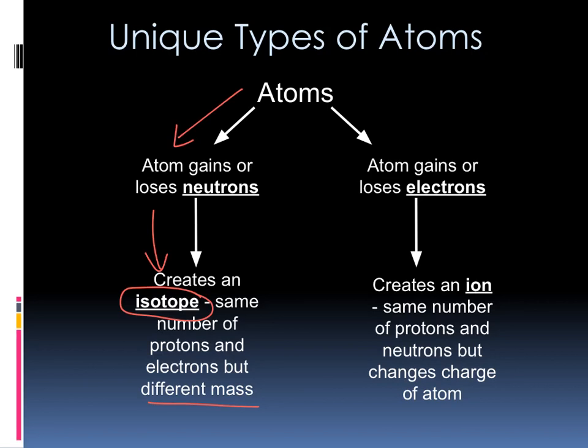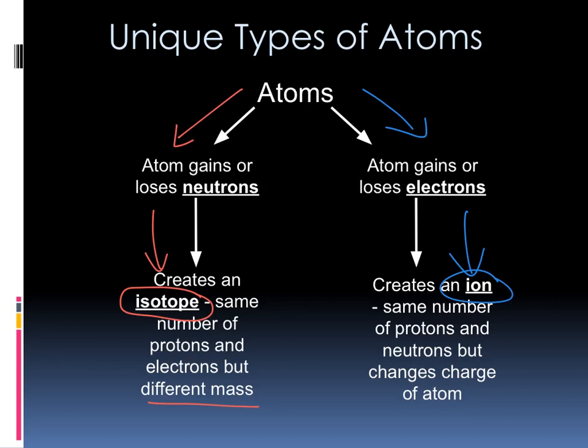Heading down the other path, if I were to gain or lose electrons, electrons have a charge, and what that creates is an ion. So when I no longer have the exact same number of protons and electrons, meaning I no longer have the exact same number of positives and negatives, I'm going to have a different charge. I'm going to have some leftover positives or some leftover negatives.